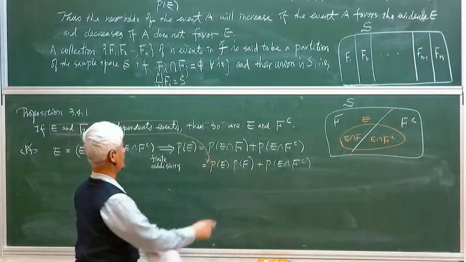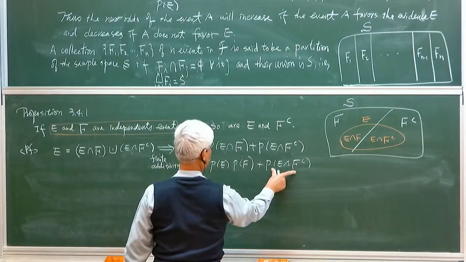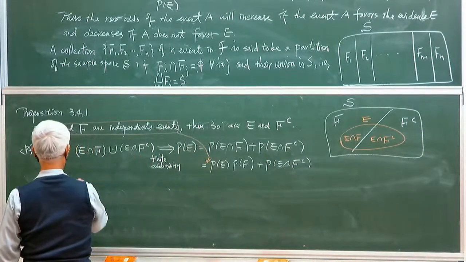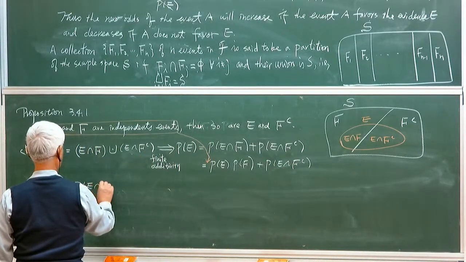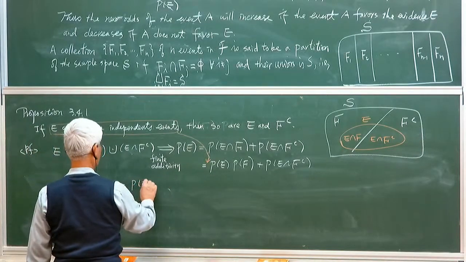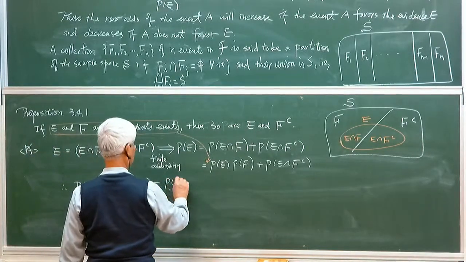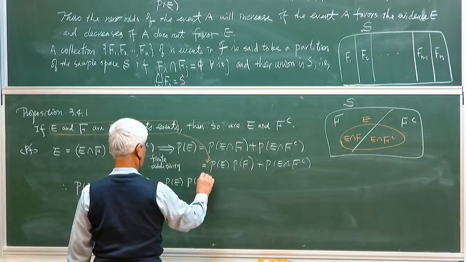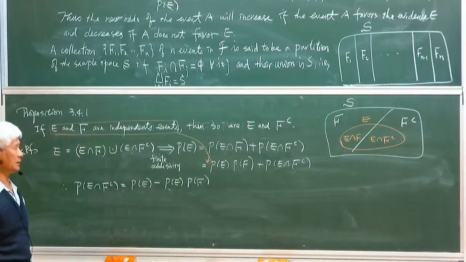Now, all right. So now the joint probability of E and F complement becomes P of E minus P of E times P of F. Okay, the difference here.